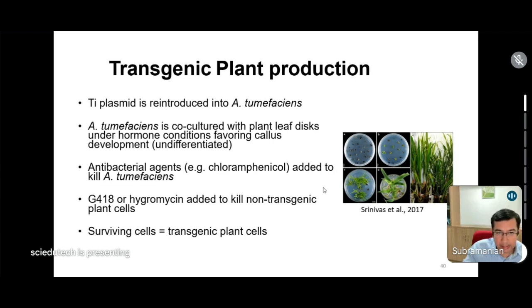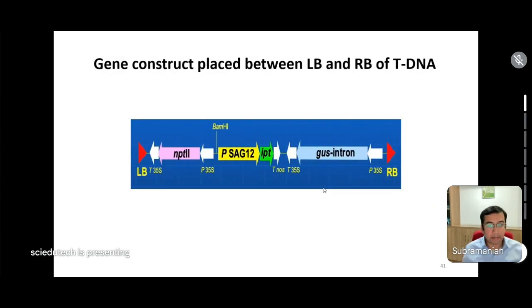Callus is undifferentiated cells, which is produced by certain hormone conditions. The figure shown here shows transformed and non-transformed cells coming from callus. Go back, please.